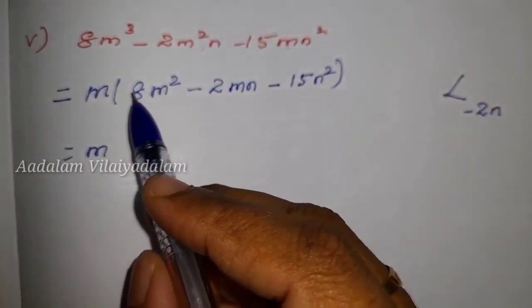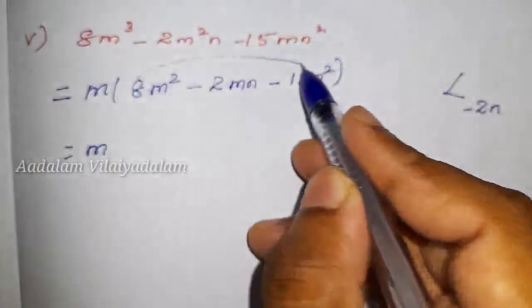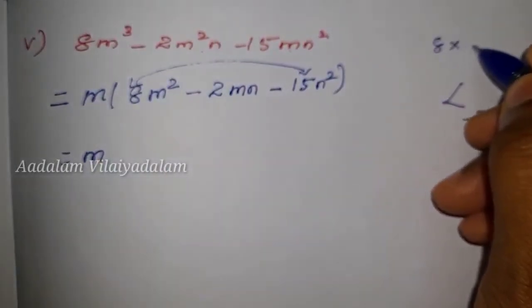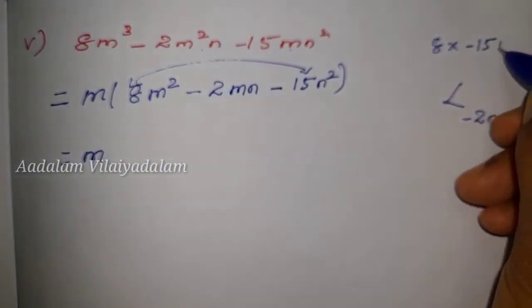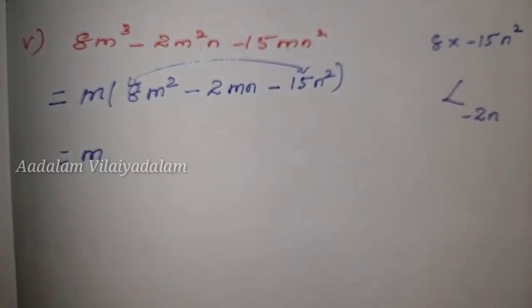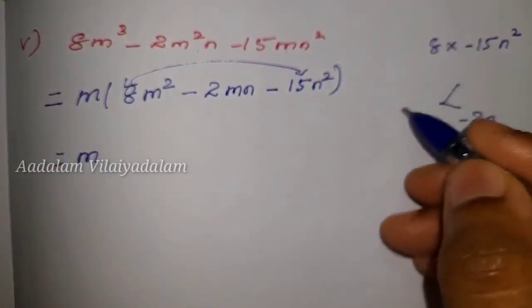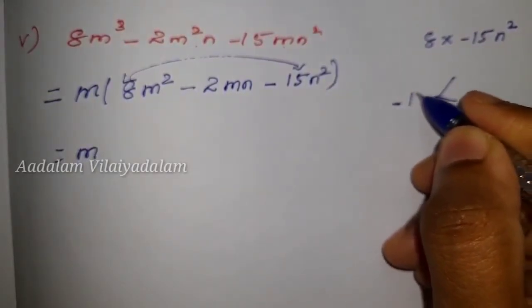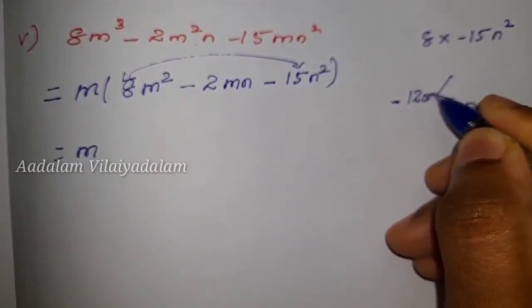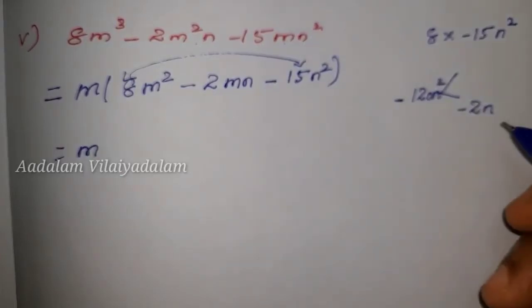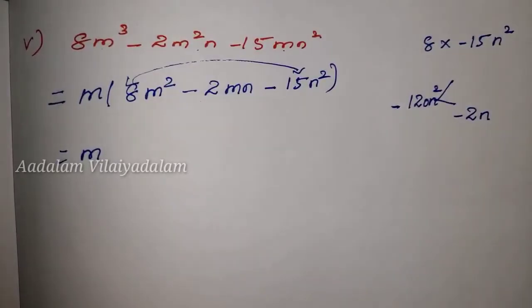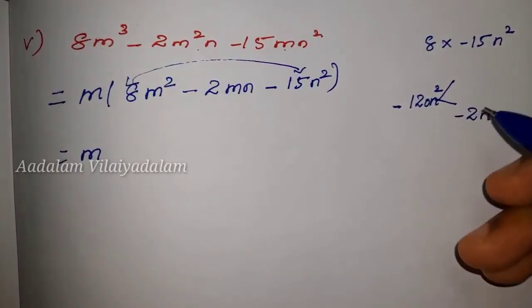The product is 8 into minus 15n square. So plus into minus is minus, 8 fifteens are 120 n square. So the sum of the factors is minus 2n. The product is minus 120 n square.